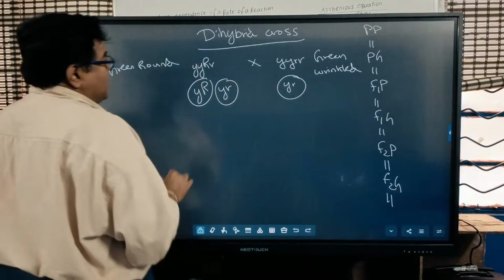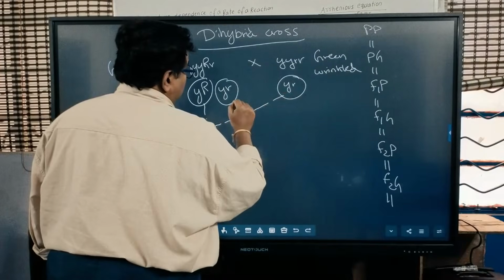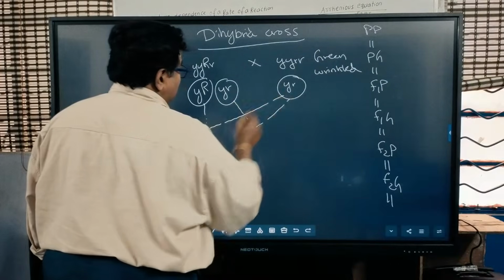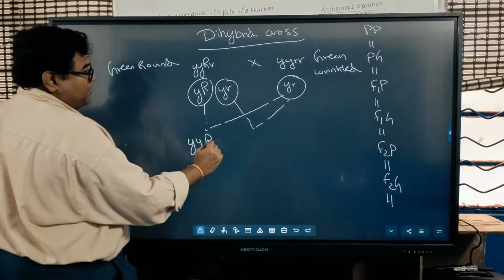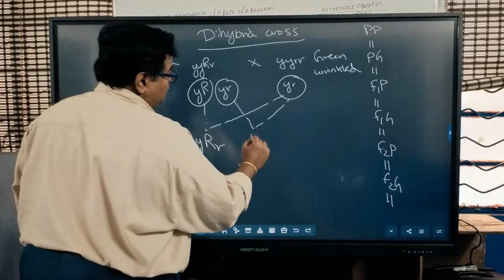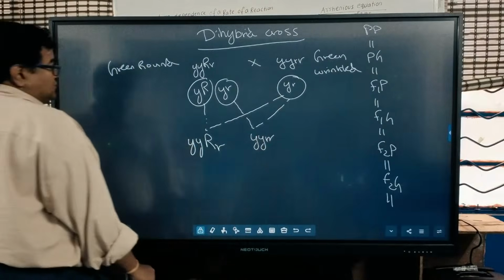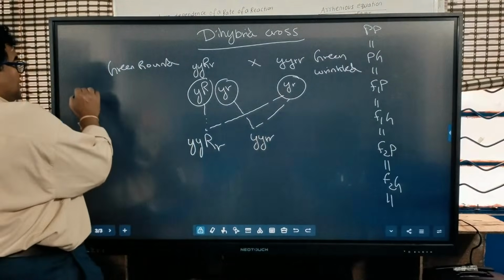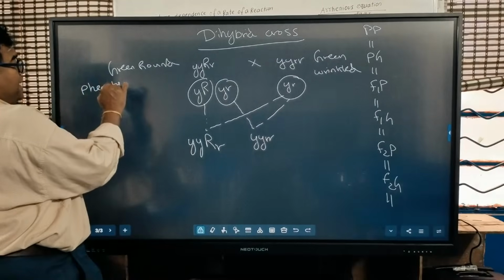When I am facilitating the fertilization process to happen, what is exactly happening here? You will be getting two different types of progeny. In these two different types of progeny, you will be getting this type of answer. So here we know very well the phenotype of the parent.